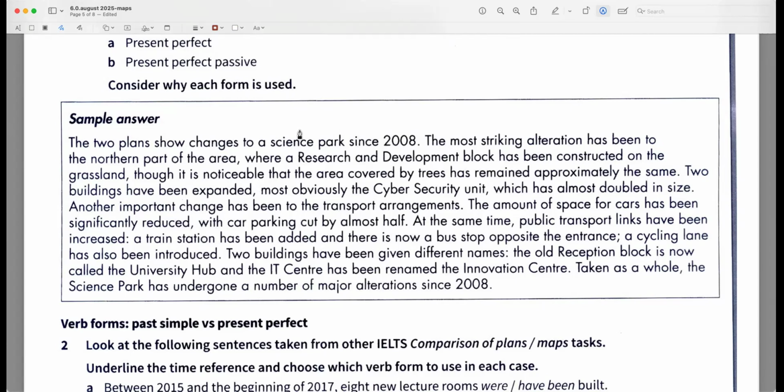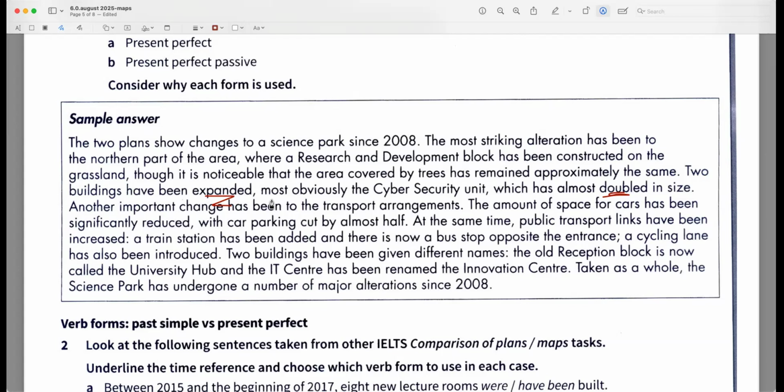And also before the cyber security unit, we had also another verb. Yeah, expand. Okay. And also synonym for grow.